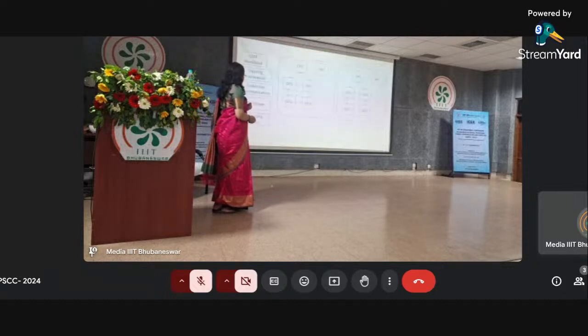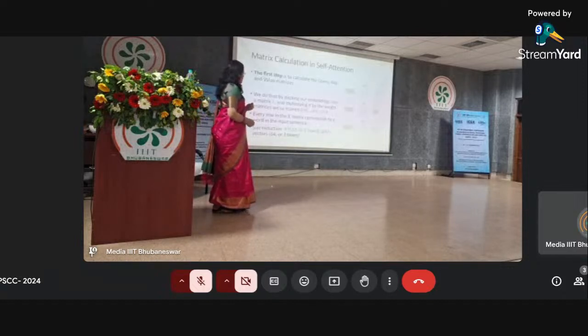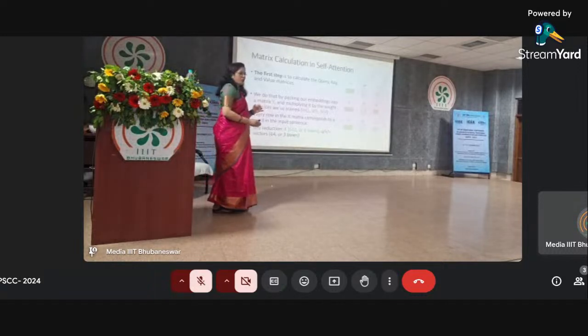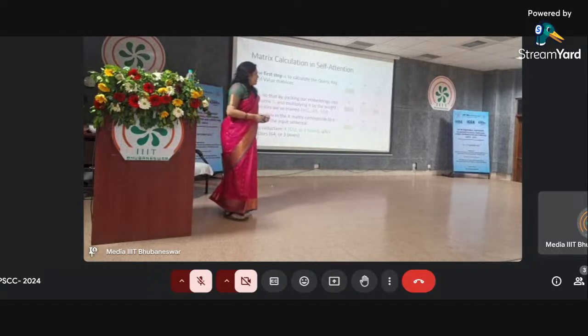So at the end of the day, it's all about matrix multiplication inside the transformer layer. The important function, self-attention, uses a series of matrix multiplications to find the values of these three vectors, which are going to be my input to my next layer.